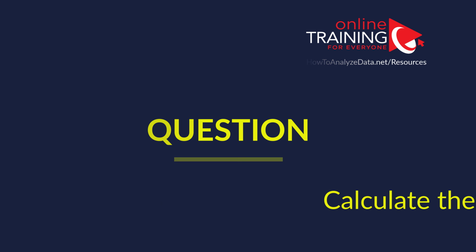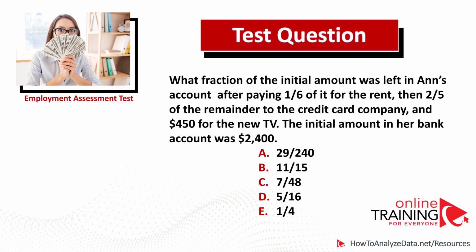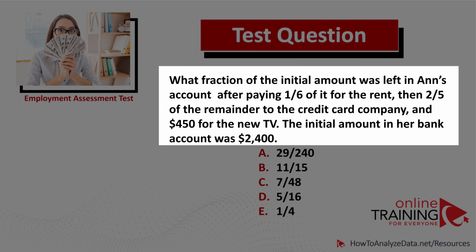Let's look at a tricky question frequently asked on a test, which tests your knowledge of money management and fractions. What fraction of the initial amount was left in Ann's account after paying 1/6 of the rent, then 2/5 of the remainder to the credit card company, and $450 for the new TV?